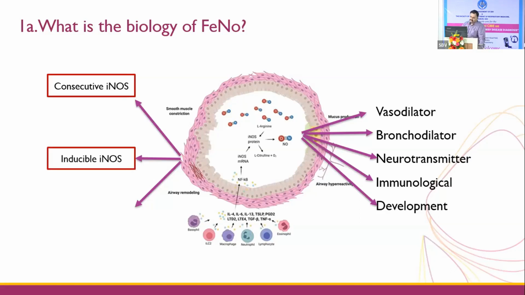But for purposes of this talk, we are focusing on the inducible iNOS, which produces large amounts of nitric oxide and is called into play during active inflammation. Of course, neuronal NOS is also abnormal in patients with asthma. So these are the three components of NOS production.